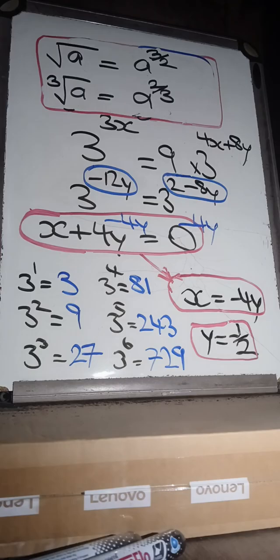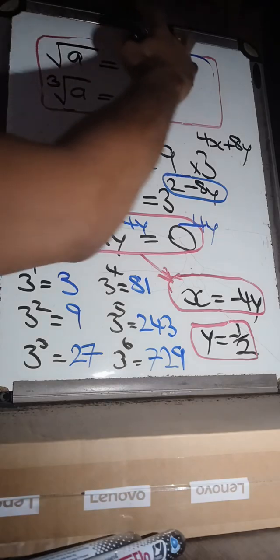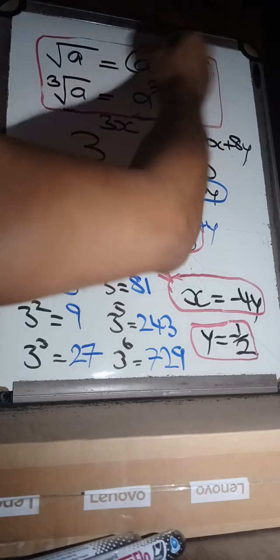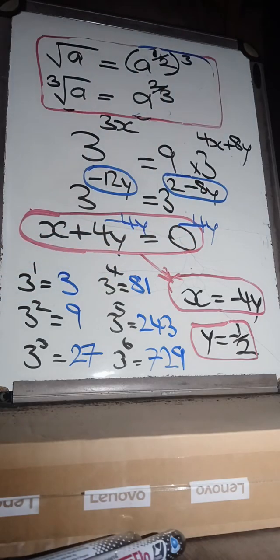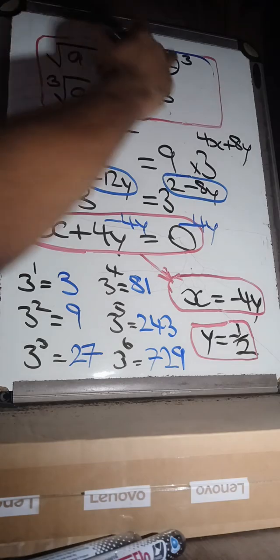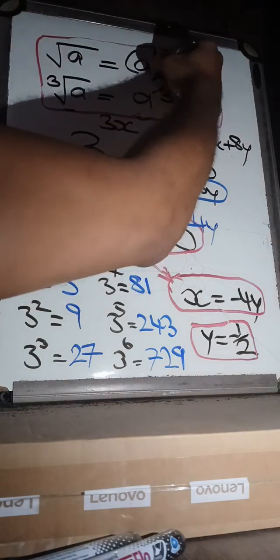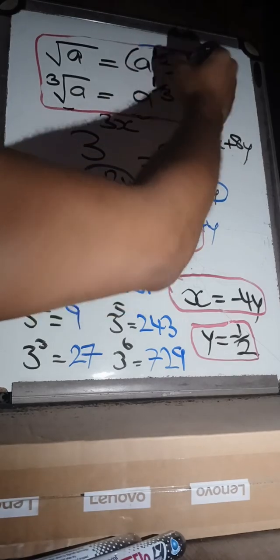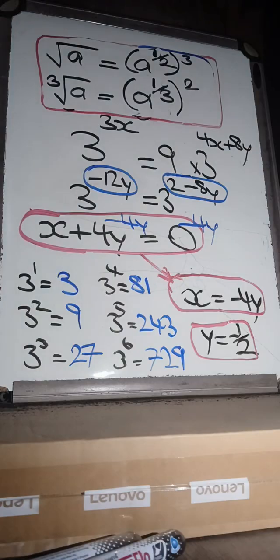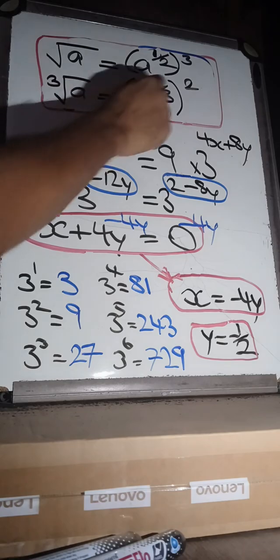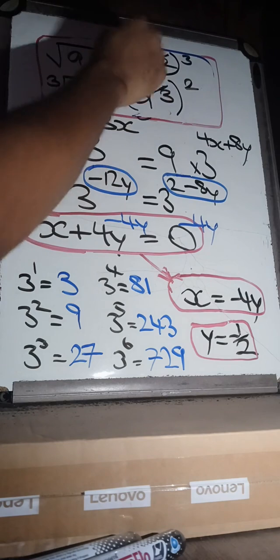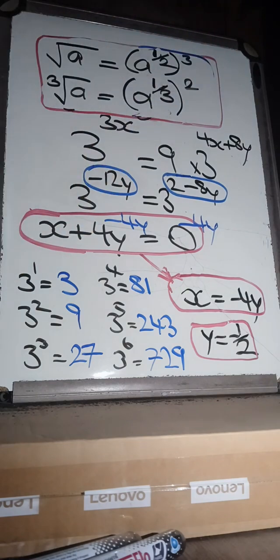What you had before was 1 over 2. If you were to separate that, the A raised to the 1 over 2 has a 3 on the outside, and the A raised to the 1 over 3 has a 2 on the outside. So what that basically means is, the first thing you do, cube root it, then square it. Or, first thing you do, square root it, then cube it.